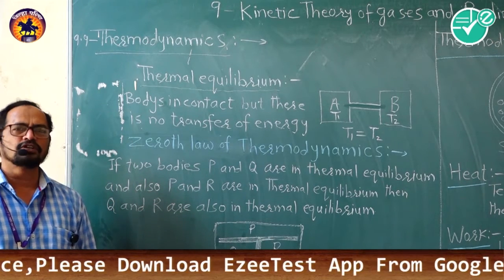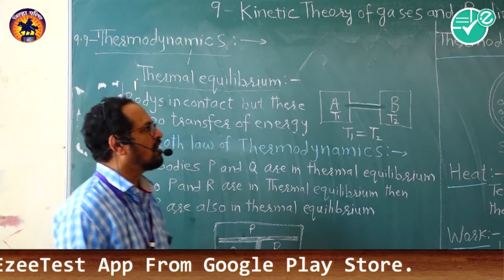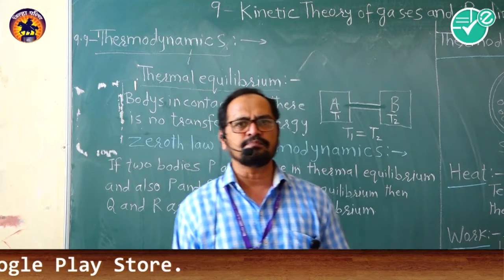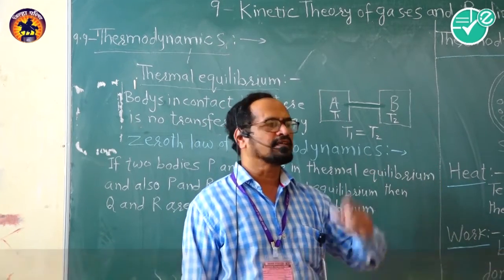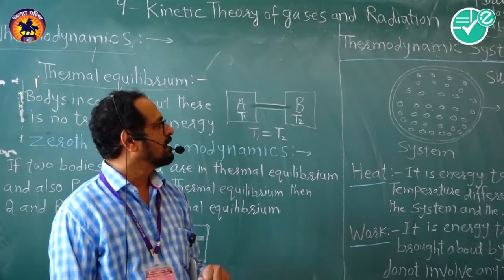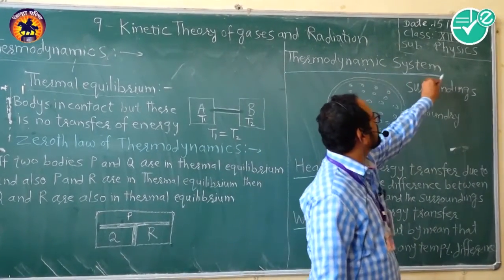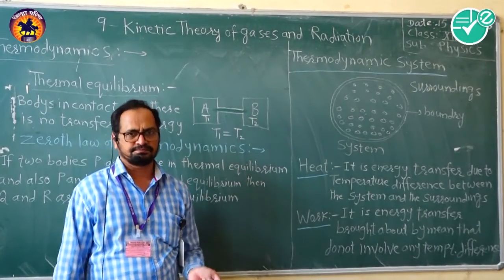Now, before studying the first law of thermodynamics, we should understand some terminologies. With the help of that, we can understand the laws of thermodynamics. The first terminology is the thermodynamic system. So what is a system?